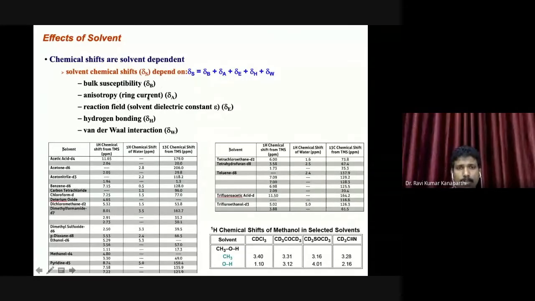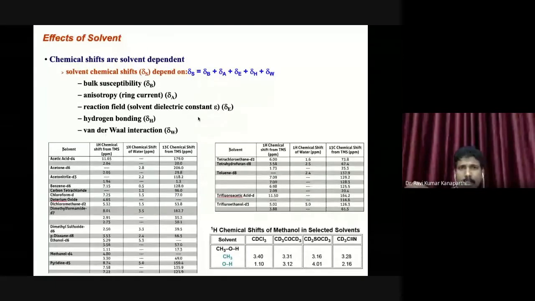And then anisotropy, and also the reaction field, hydrogen bonding, and van der Waals interaction. So these are the 5 different parameters that can contribute to the chemical shift value of a compound when you are recording in a particular solvent.